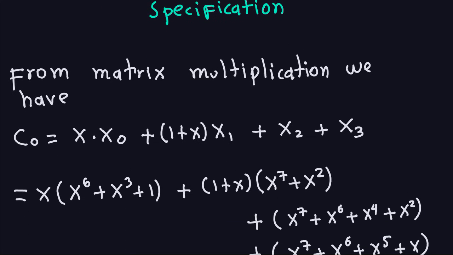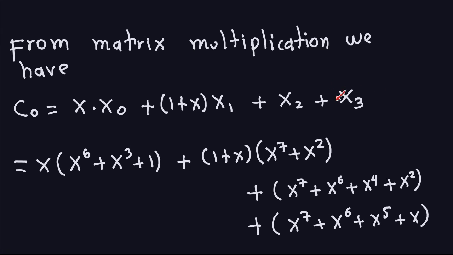I have x times x0, and x0 is exactly this expression here. So it's going to be x times x0 plus 1 plus x to multiply the x1, which is x to the 7 plus x squared, plus the x2, and this whole polynomial here that I'm marking with the arrow is the x2, plus the x3, and the x3 is this polynomial here.